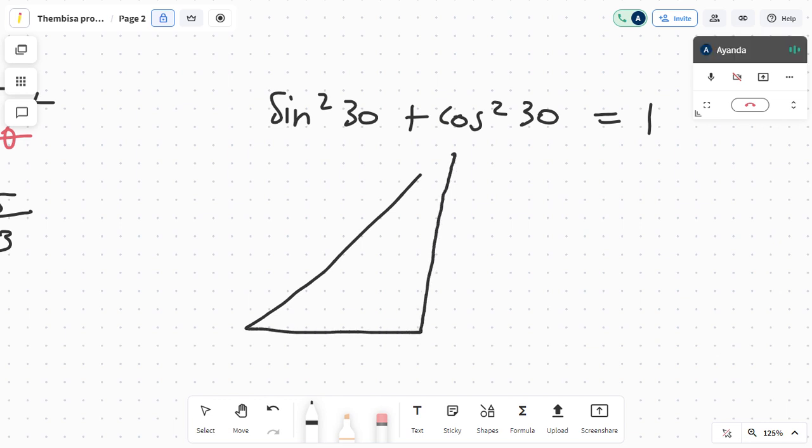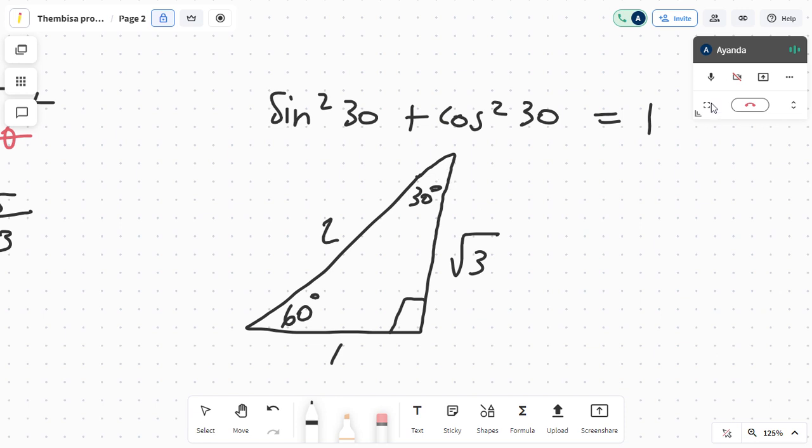We know that if we have a 60-degree angle here, a 30-degree angle here, in a right angle triangle, if we have a hypotenuse with a length of 2, a side with 1, and another side with square root 3, we have all the special angles that we need to solve this question.